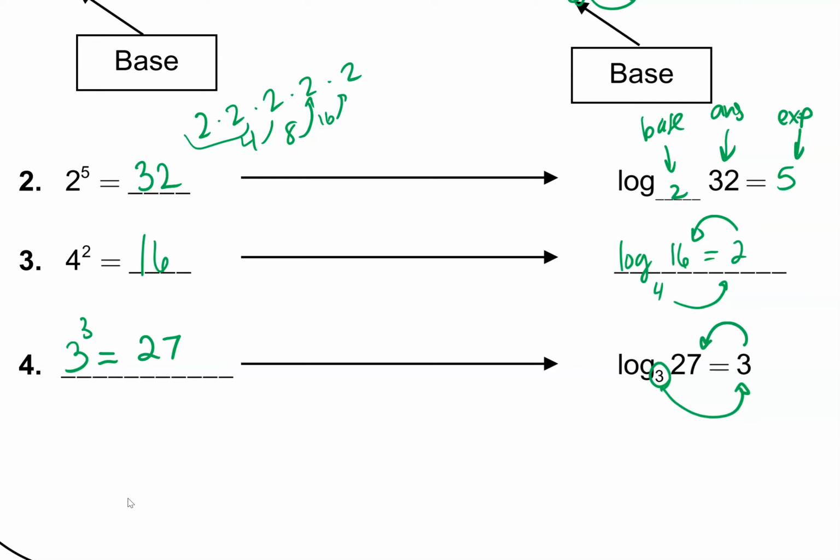And the way we write it is log base 3 of 27 is 3. This is the way in English we say it out loud. For the third example, we would say log base 4 of 16 is 2. And similarly, the first one we say log base 2 of 32 is 5.